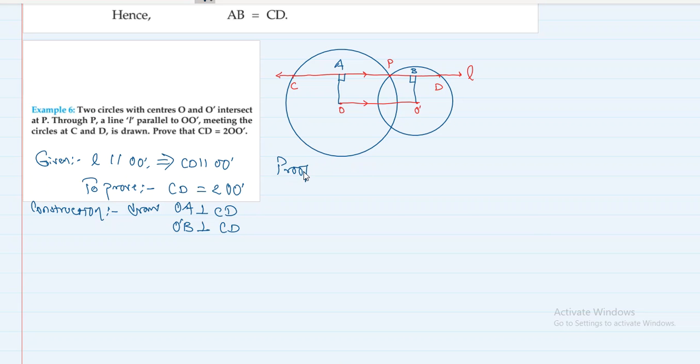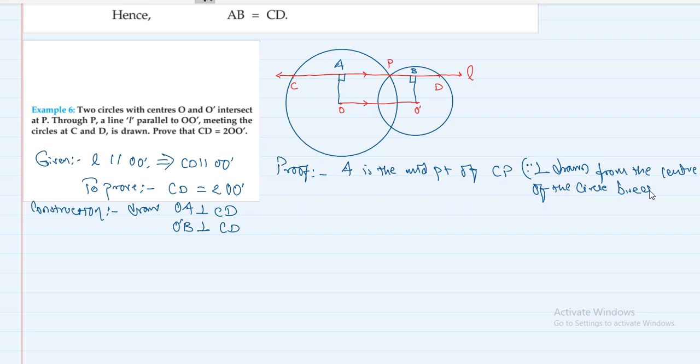Let's write the proof. Now A is the midpoint of CP, since perpendicular drawn from the center of the circle bisects the chord.